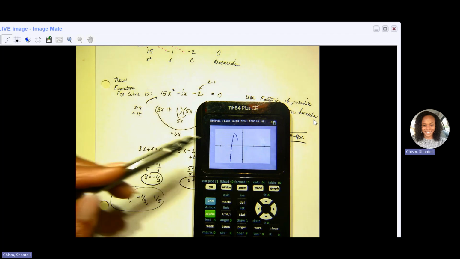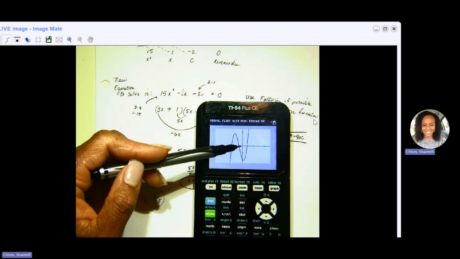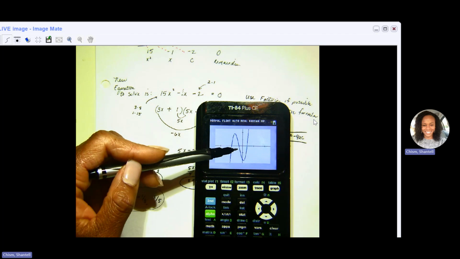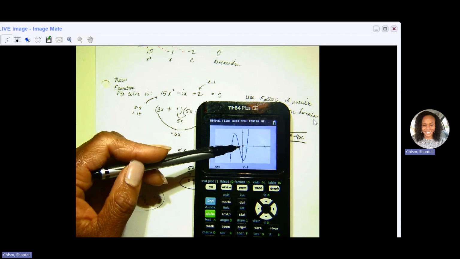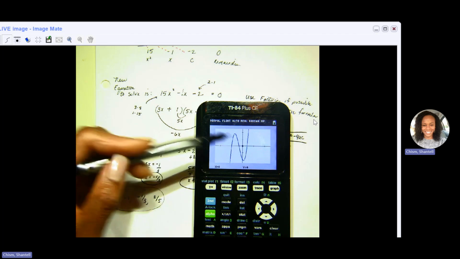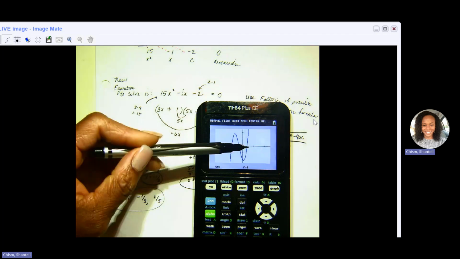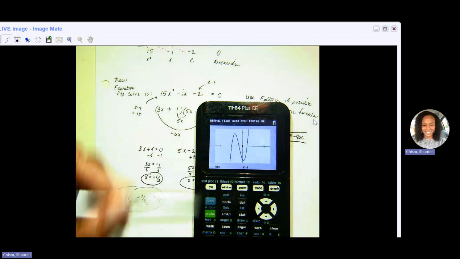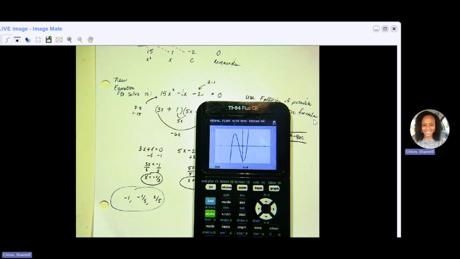So there's one solution at -1, and you can see this one crossing here at -1/3. Of course, you can't tell exactly what it is on the calculator, but we already found it. And then this one crossing over here at 2/5. Okay, so zeros, again, are just x-intercepts of the graph. The solutions are just x-intercepts of the graph.